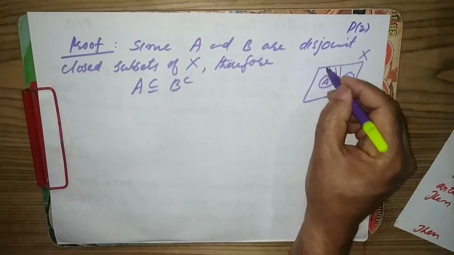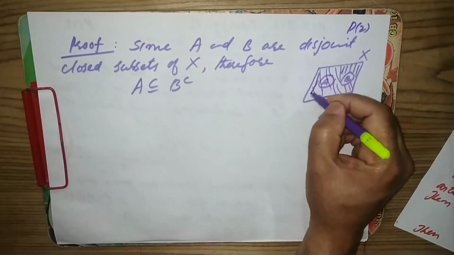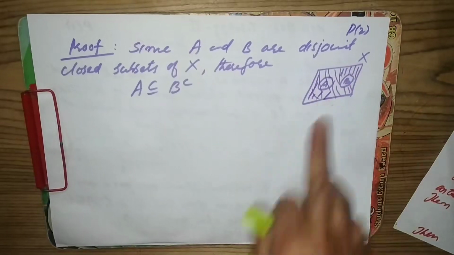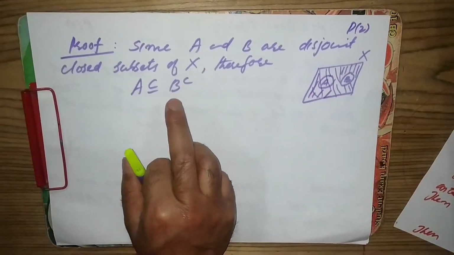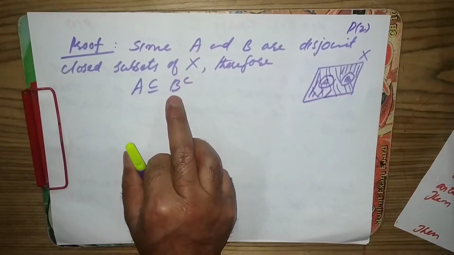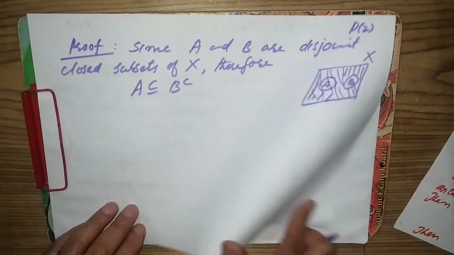B complement is the whole space outside of B, this shaded region. Since B is a closed set, B complement is an open set. So B complement is an open set containing A.